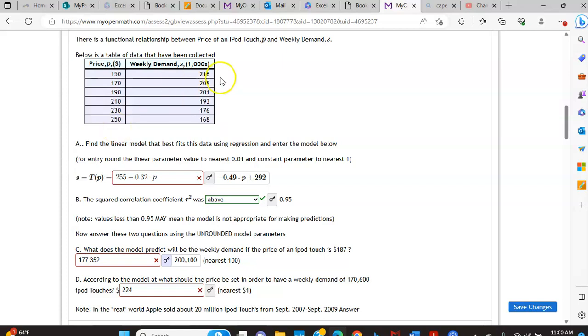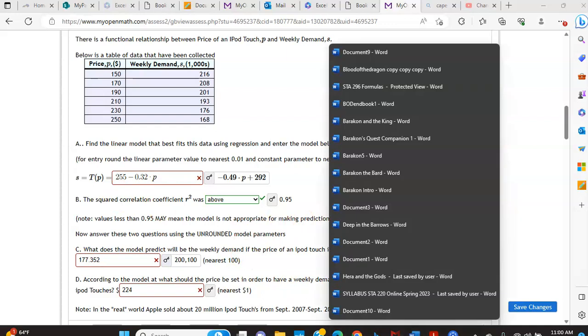Since this has been written like this, we want to put 170.6 into the S. That's going to go on the left side of the equation, so I'm going to write down 170.6.